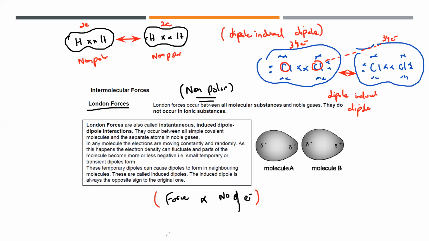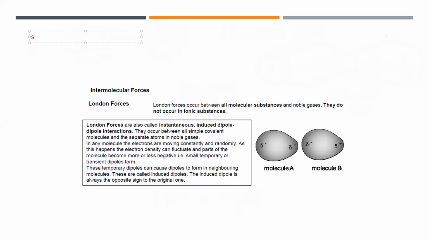And the second factor on which this force depends is the surface area. If we have a large surface area, there will be a stronger attraction. Like if we have a straight chain alkane, say butane, CH3, CH2, CH2, and CH3.